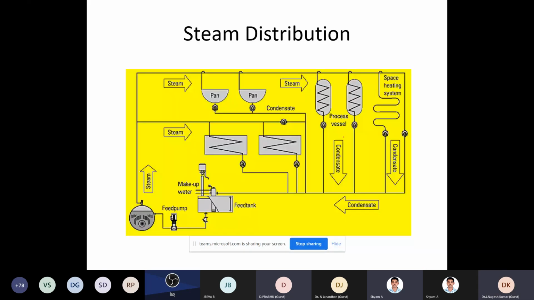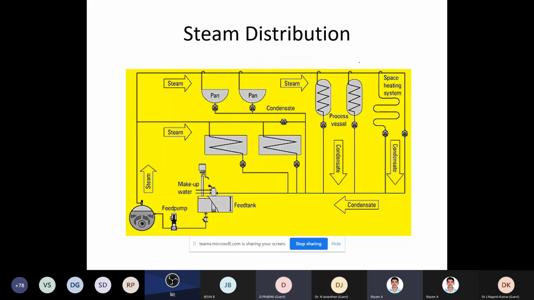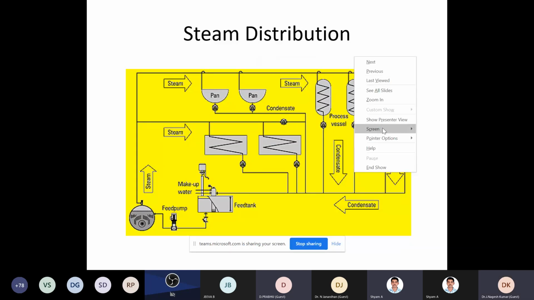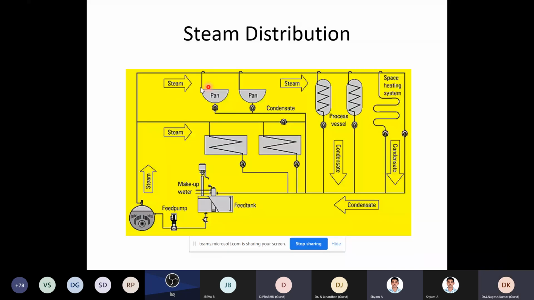Now, a typical steam distribution system consists of this. Right from the boiler, steam is generated. It goes like this. Steam goes to, let us say, a closed vessel in which some steam jackets are there.